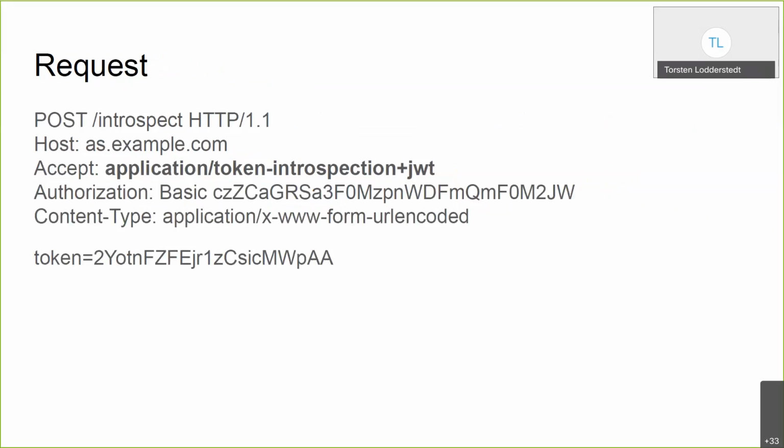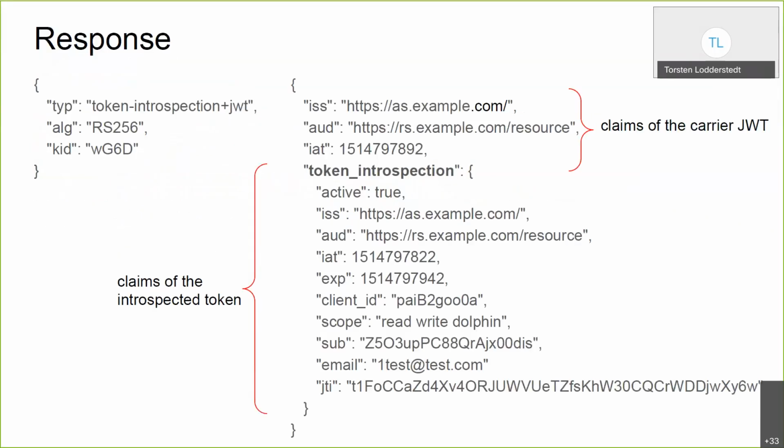you see how the resource server requests a JOT-based introspection response. We didn't change that. It's a new media type, application/token-introspection+jwt. And in the response, you can see where we did the changes. On the left-hand side, you see the header of the token, which remains unchanged.